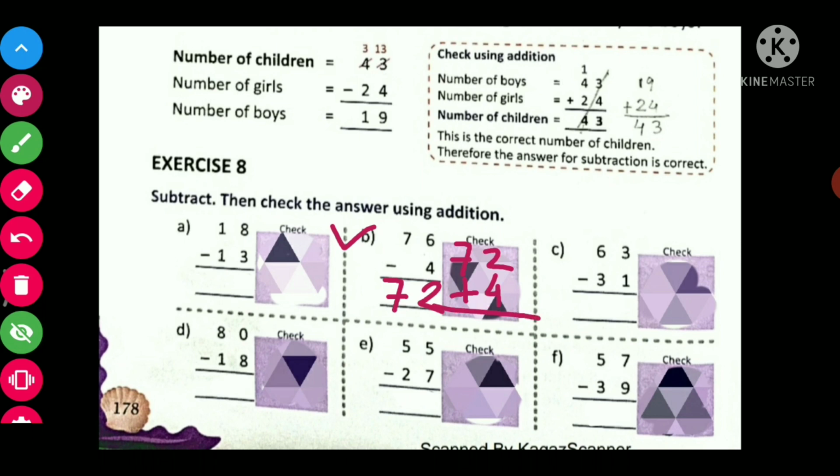So 4 plus 2, it will be how much? 6, and this 7, it will become 76, right? So I got this number, so my answer is what? Correct.